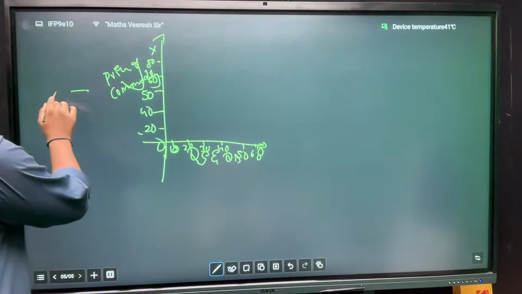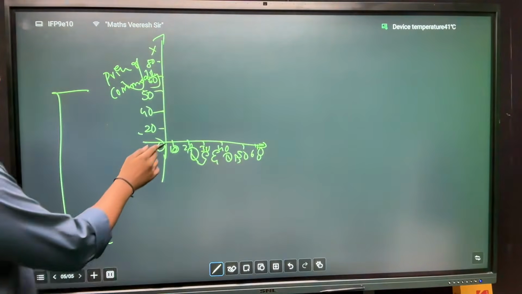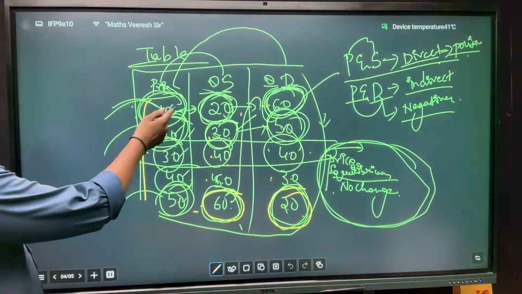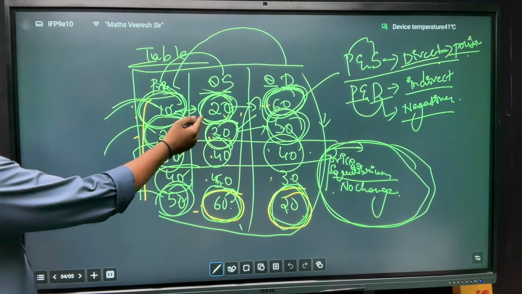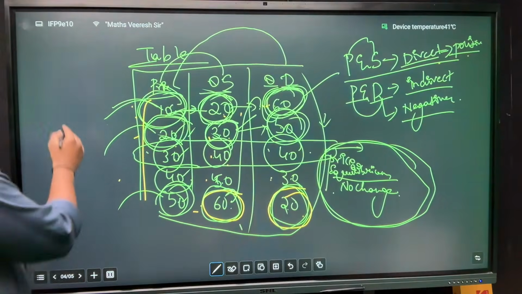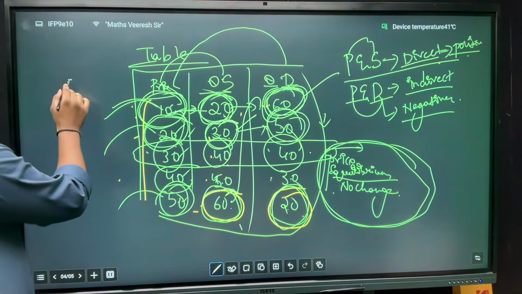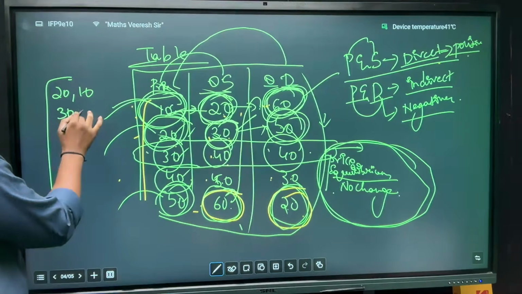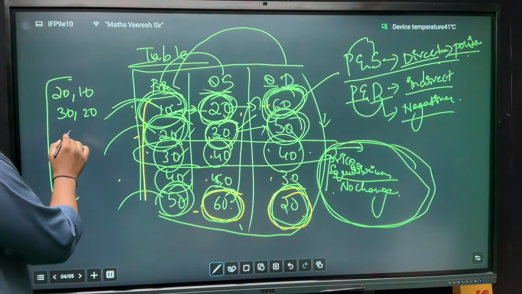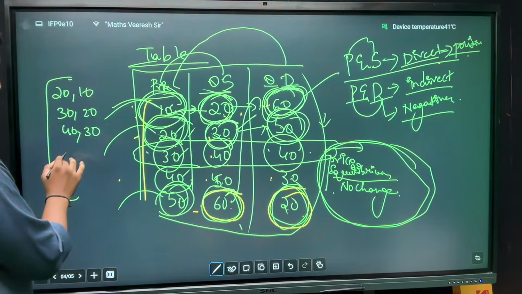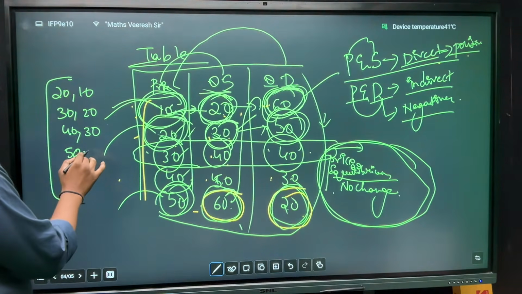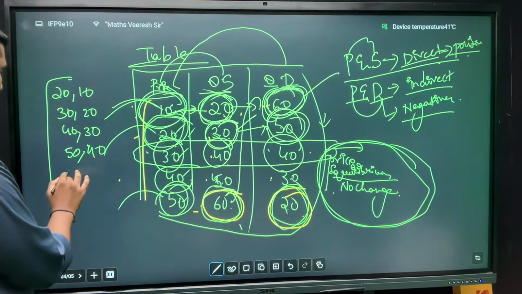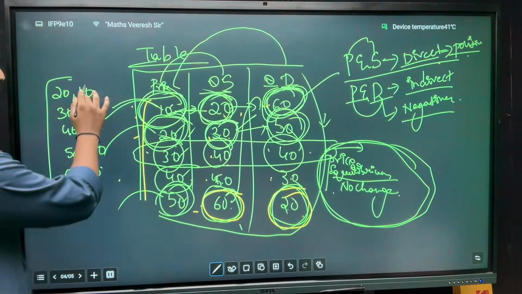What are the points over there? Here price 10, 20, 30. You have to write like this: 20, 10; 30, 20; 40, 30; 50, 40; 60, 50. These are the points for the QS.